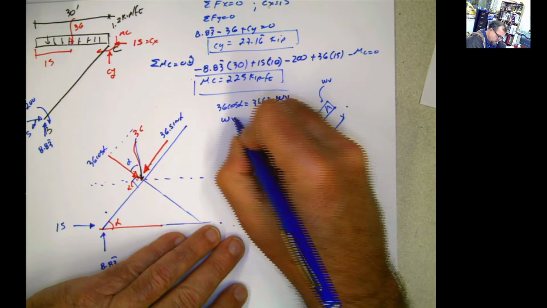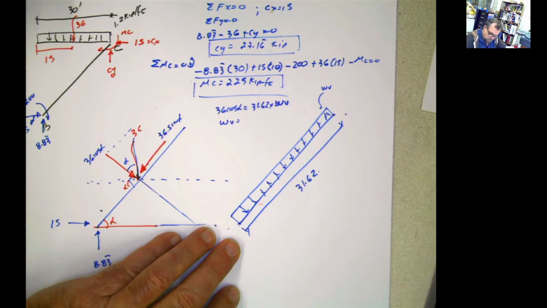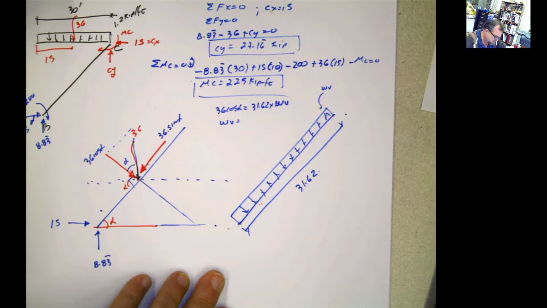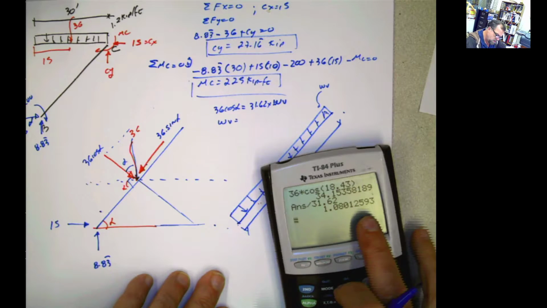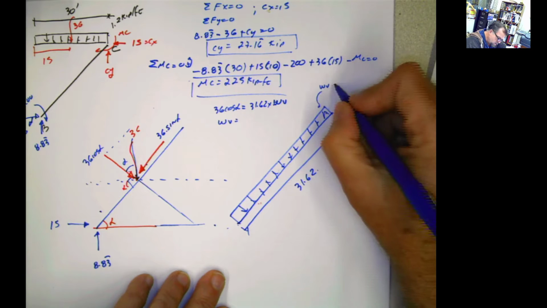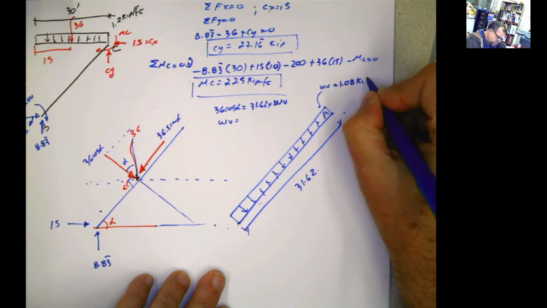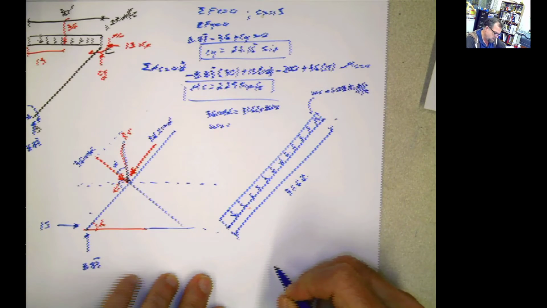And then you can calculate that value from here. That value is going to be 36 cosine 18.43 divided by 31.62. That's going to be 1.08 kip per foot. There you go. Now this is not all.